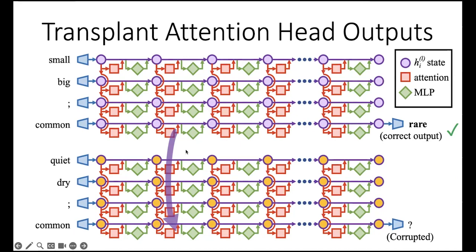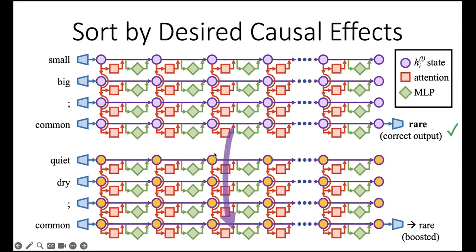Most of the time, when we patch things over, it has no effect. It's just going to continue to be corrupted. But once in a while, if we patch over just the right component, we'll look at the output here and it will boost the probability of the antonym task. It'll boost the probability of saying rare.